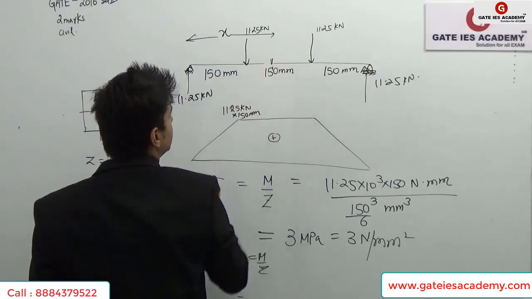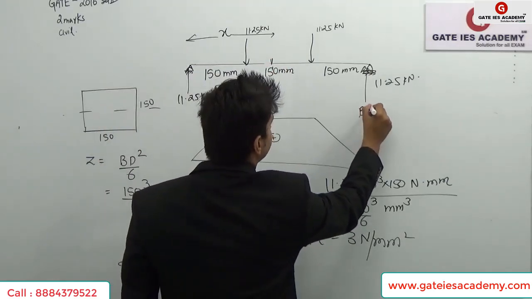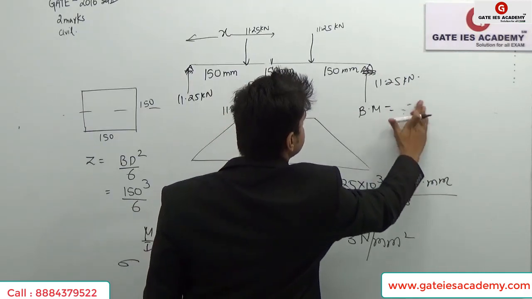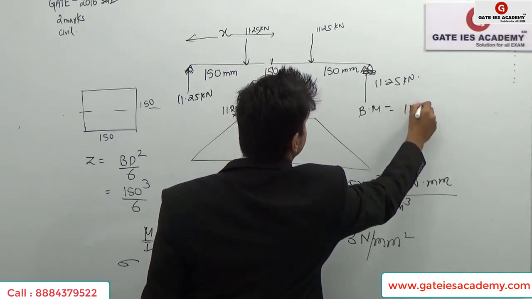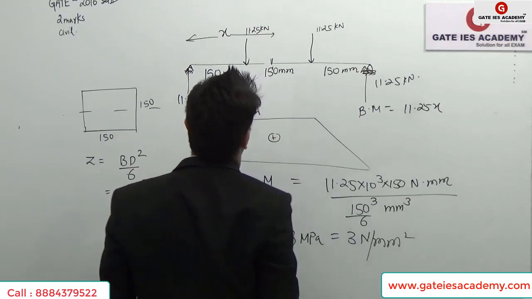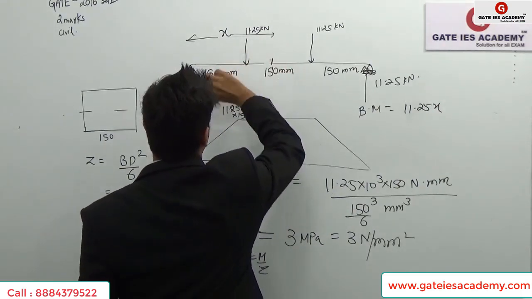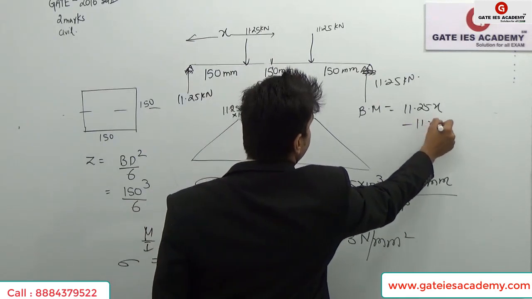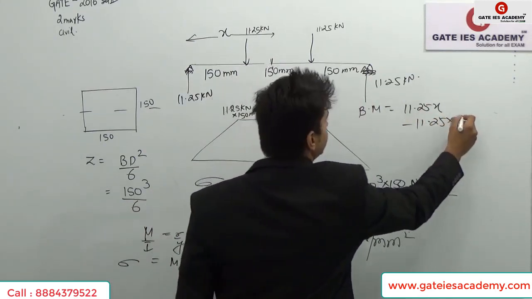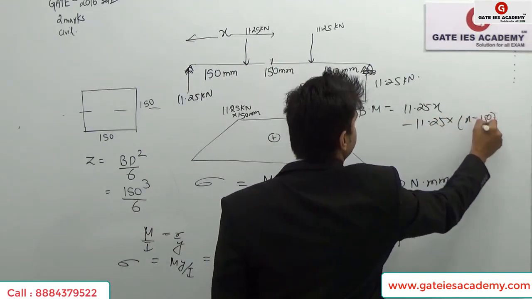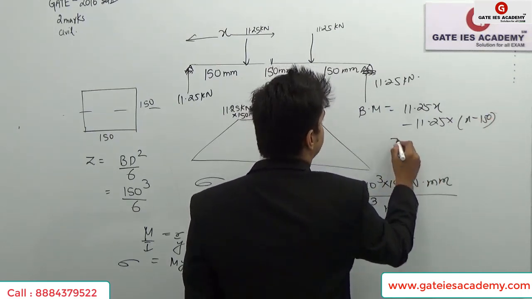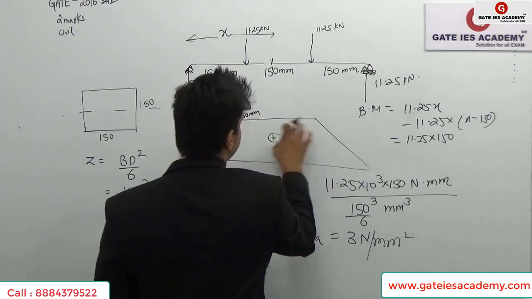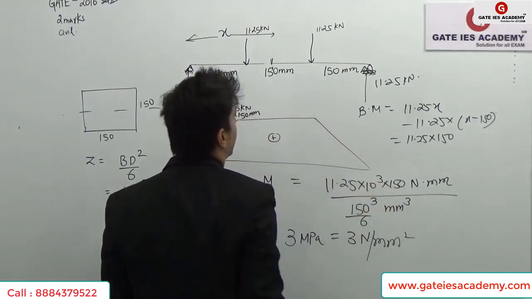in this region, my bending moment will be equal to 11.25 into x, at this point clockwise, minus due to this one 11.25 into x minus 150. So what you'll get is 11.25 into 150, that is constant throughout, and then it will come down at this point.